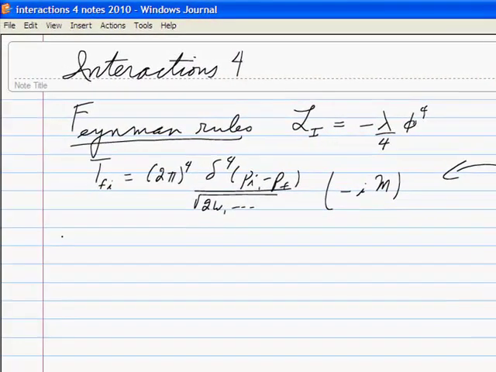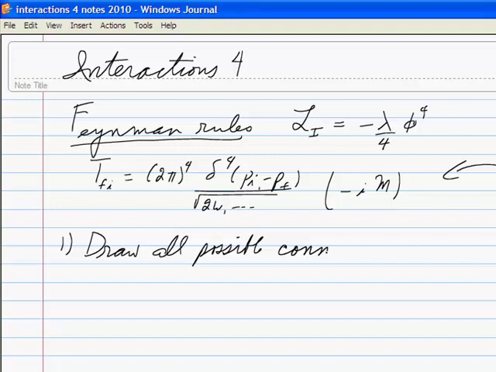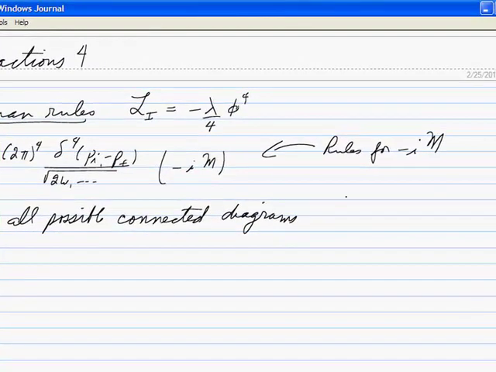So the rules start off: you draw all possible connected diagrams. The assumption is that this is to some order in lambda. You typically always work to the same order in lambda.